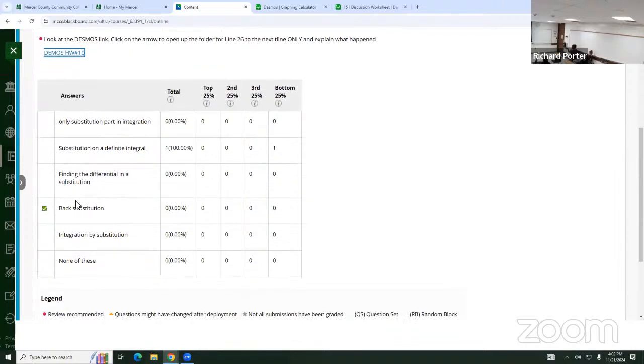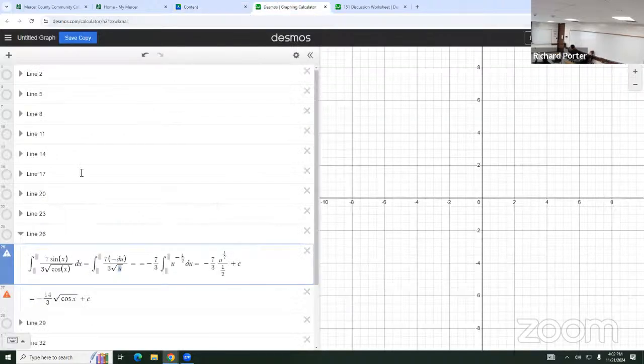Okay. The substitution on a definite integral, that's definitely not that. Because that's not a definite integral. It wasn't finding the differential. It wasn't the whole thing. Integration by substitution, line 26 was virtually the entire thing, except for the last part, which is back substitution. Okay. All right.